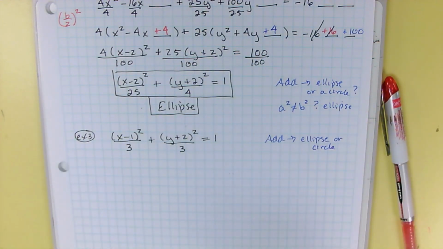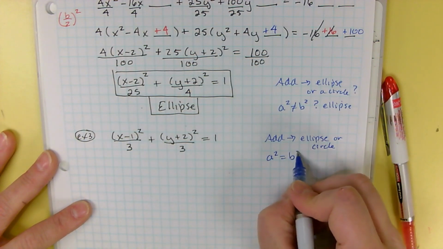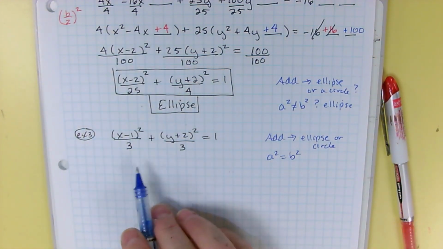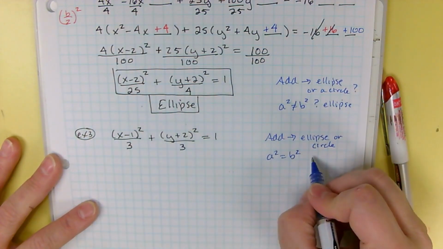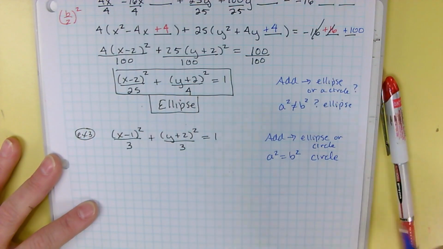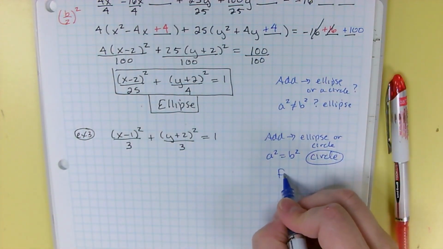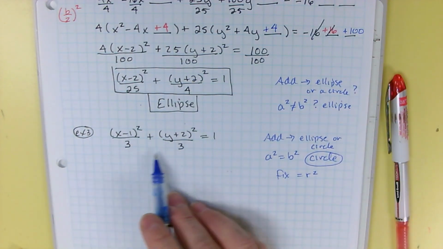Now here's how you tell the difference between an ellipse and a circle. Is a squared equal to b squared? In this case, yes, they're both 3's, which means because a and b are the same, this is actually a circle. So what we need to do is fix the equation so it's equal to r squared and it doesn't have anything on the bottom.